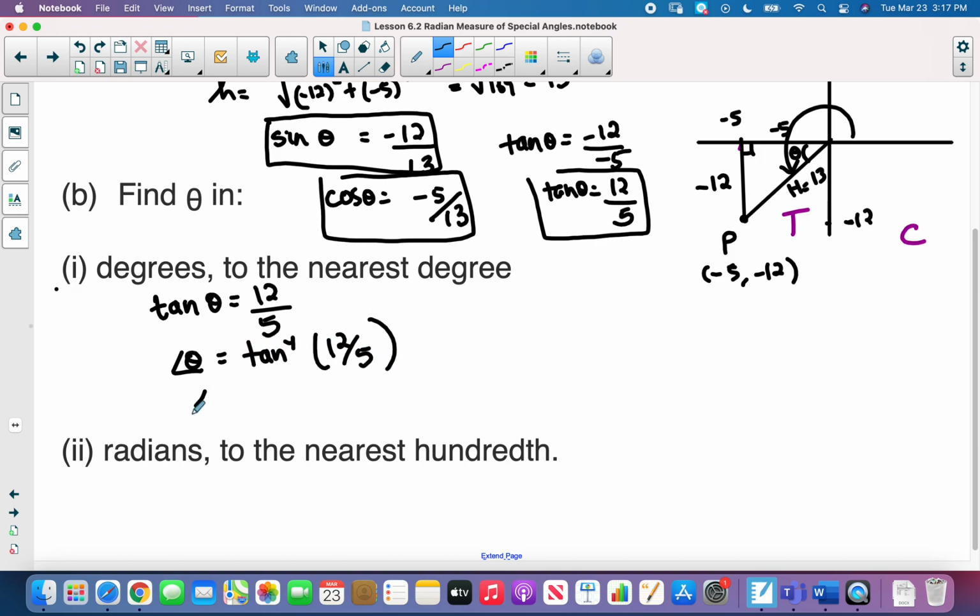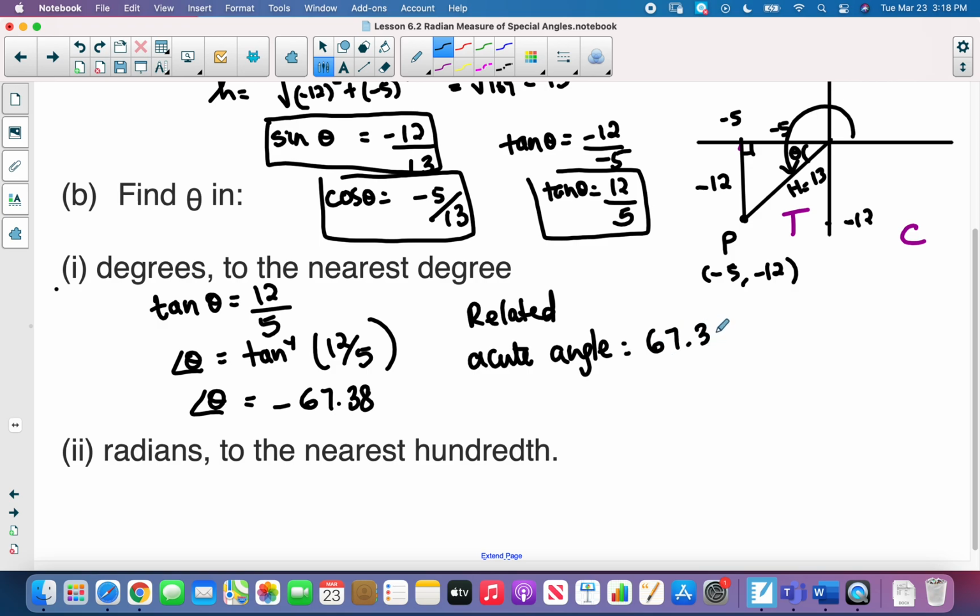At this point, you can go to your calculator and it'll give you the answer as 67.38. You know, we can just say that our angle is positive. In this case, the related acute angle to this is the positive of this 67.3, to the nearest degree, so just 67 degrees.